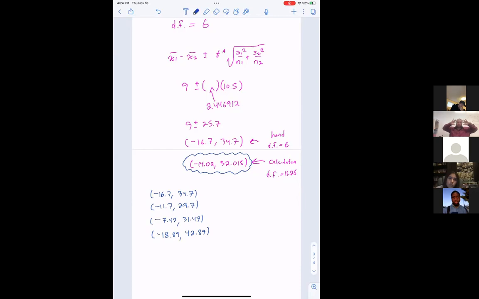So I know that the one they're looking for must be wider than the calculator version. The calculator version is going to be perfect, and the one by hand is going to be wider because it's a little more uncertainty. So anything that's not wider is immediately out. That's out, and that's out.